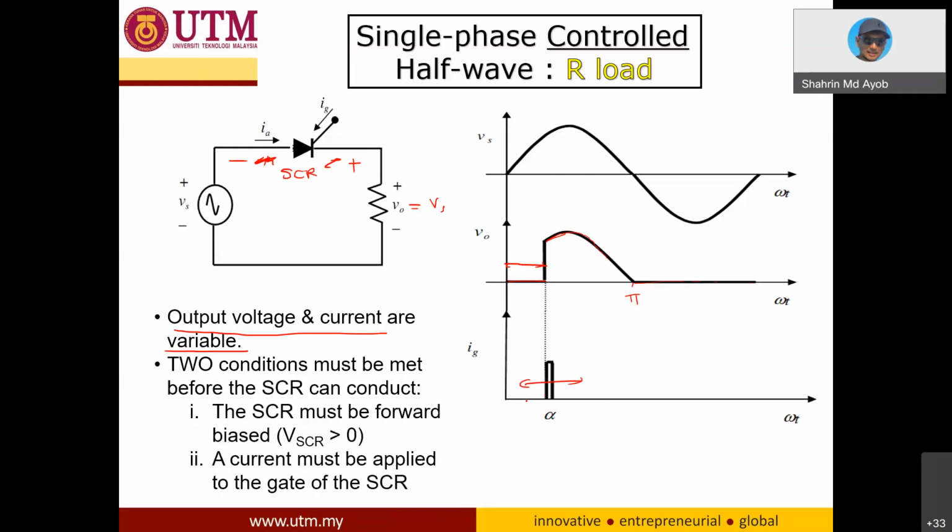If your alpha is located here, it will trigger at this point and then follow the shape of the Vs. So you will have a different area to get your V out average, because V out average depends on the enclosed area under the graph. By adjusting the value of alpha, you will have a variable V out.